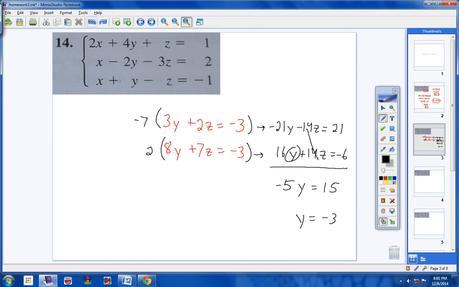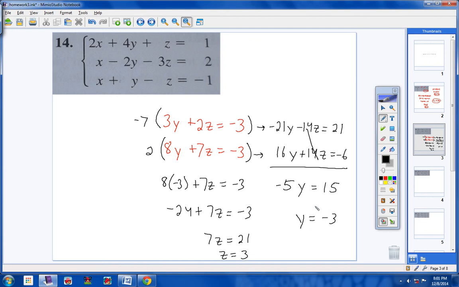I'm going to put negative 3 in for y here because I have space to do work. So 8 times negative 3 plus 7z equals negative 3. Negative 24 plus 7z equals negative 3. Bring the negative 24 over, make it positive. 7z equals 21. Divide by 7, z equals 3.